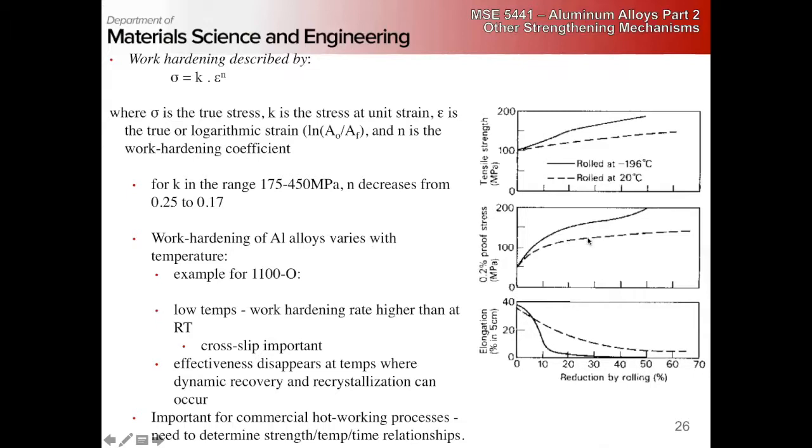All right. So at 20 C, minus 196 C versus room temperature 20 C. Sorry, thinking Kelvin for a second. 20 Kelvin versus 196 Kelvin instead of minus 196 C and 20 C.